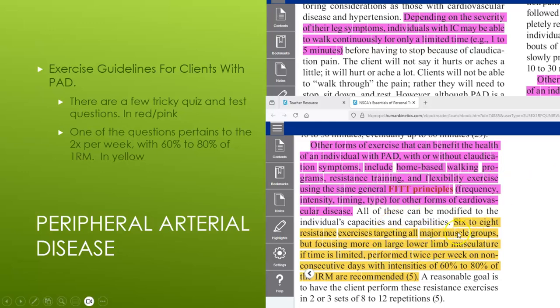But what they note here is 6 to 8 resistance exercises targeting all major muscle groups, but focusing more on large lower limb musculature if time is limited. And I know there's a question regarding that. Perform twice a week on non-consecutive days with intensities of 60 to 80 percent of 1 rep max recommended. So if you look at this, they're talking about 2 main things here, one of which is a cardiovascular side, one of which is a strength training side.